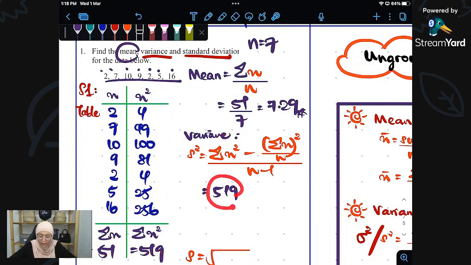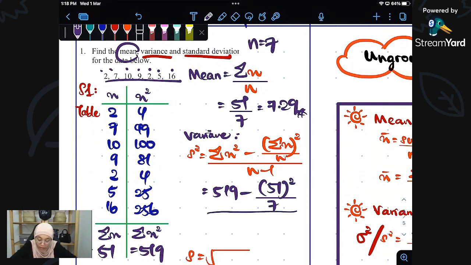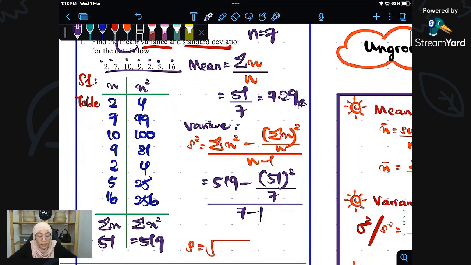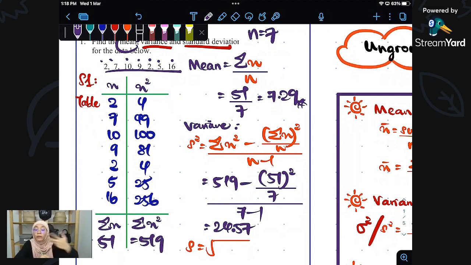Just 519 there, and then minus the summation of x, 51 squared, divided by n, which is 7. And then everything above divided by 7 minus 1, which is 6. All right. And so the answer is 24.57. Please calculate it yourself as well to double check.